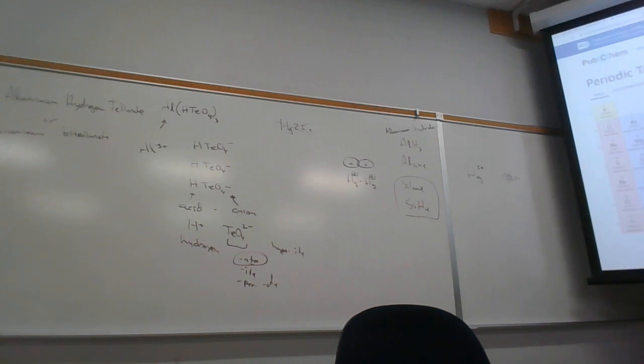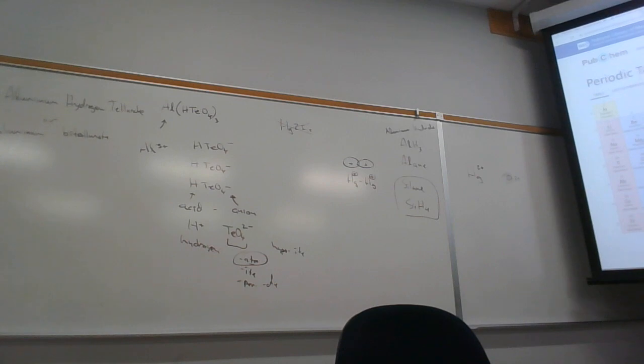This one we start with borate. How many oxygens and what charge on borate? BO3 3-. Carbonate? You've got to do this. This is like your mantra, you've got to chant this. Borate is BO3 3-.